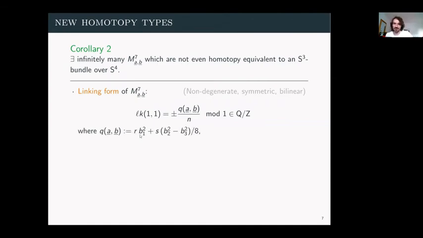Well, it obviously depends on the B's here. And then you have the R and S, which depend on the A's, and how they depend on the A's is through the Euclidean algorithm. Remember we had these GCD conditions. So there exist some R and S that are spit out by the Euclidean algorithm essentially.